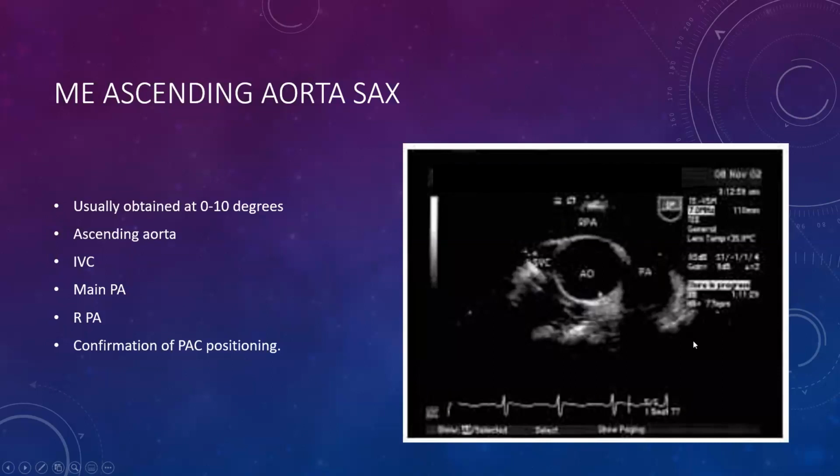The left pulmonary artery is often obscured by the left main bronchus. Obviously, we all know air does not transmit ultrasound waves very well, so you're going to get dropout there. I use this particularly in confirming the position of a PA catheter. Often you want to get it right into this right pulmonary artery.